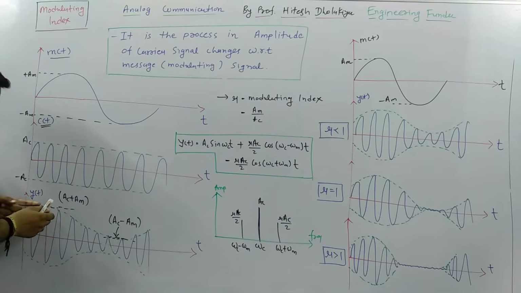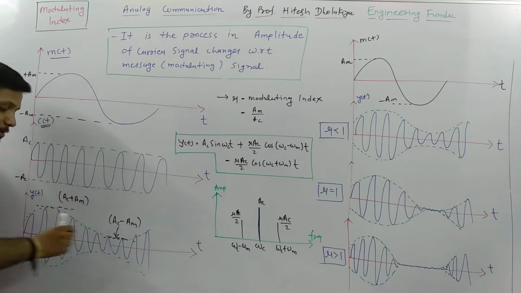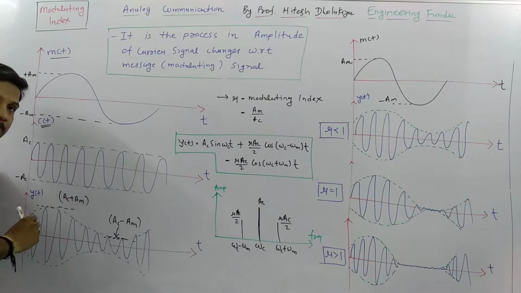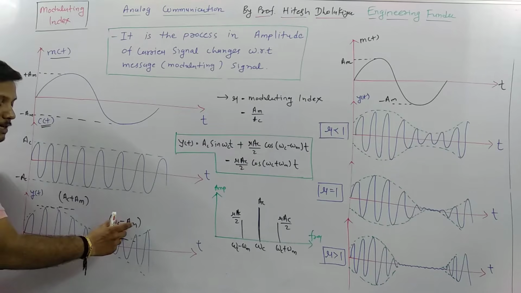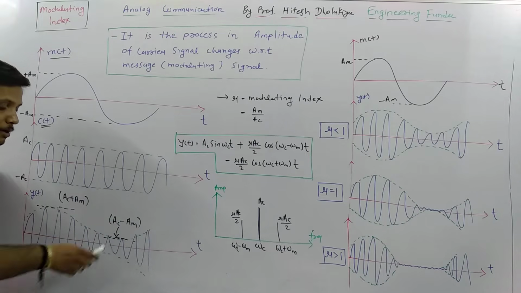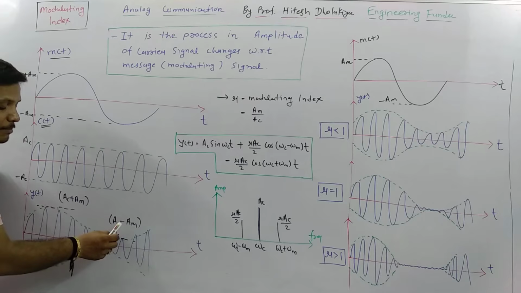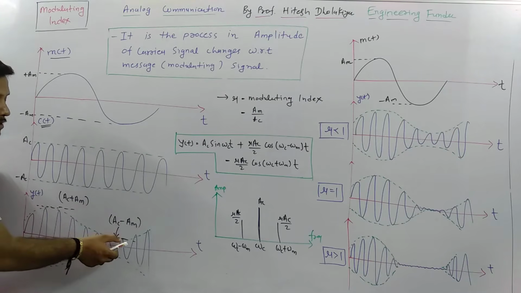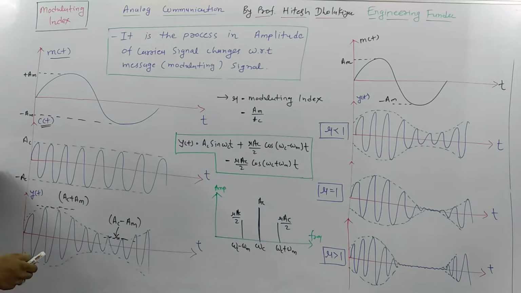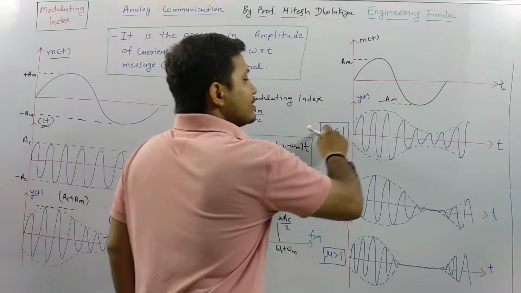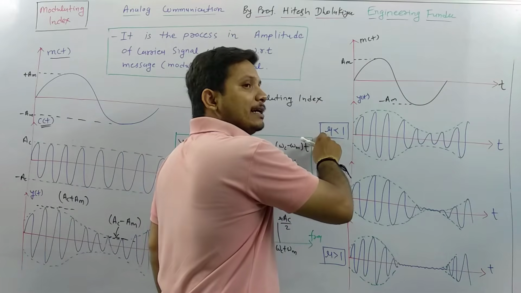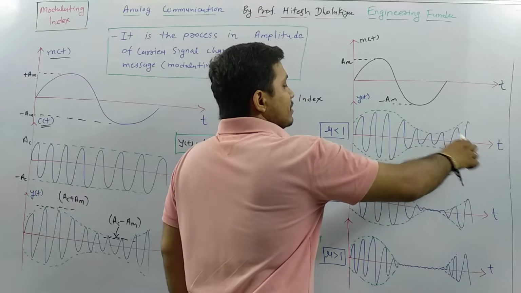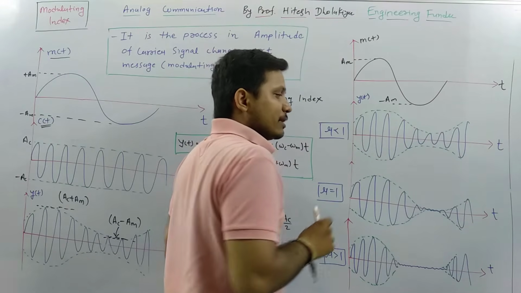As you can see, this modulated signal has maximum amplitude Ac plus Am and minimum amplitude Ac minus Am. If Am is less than Ac, you will find an envelope there. So in the case where modulating index is lower than 1, you will find some signal even at minimum amplitude.